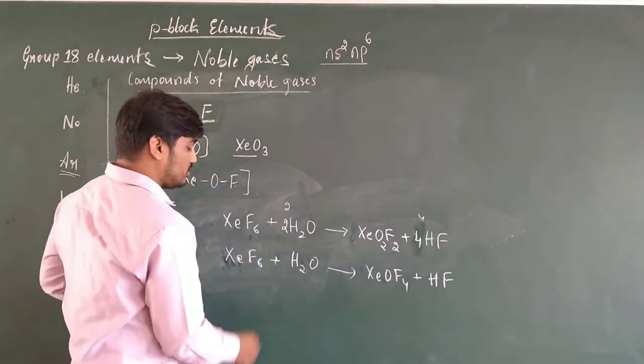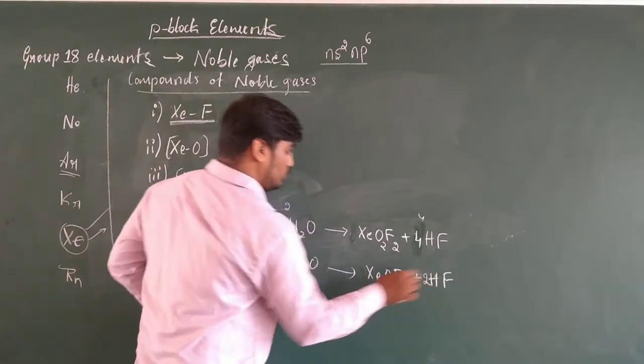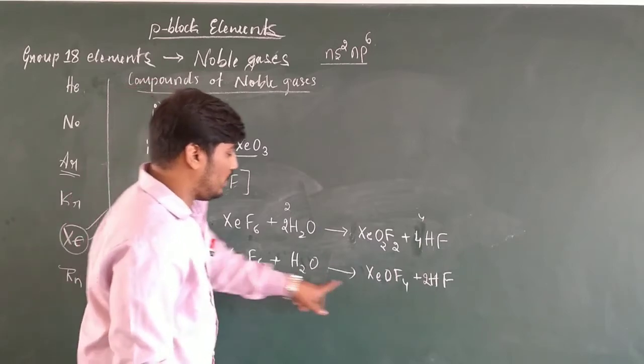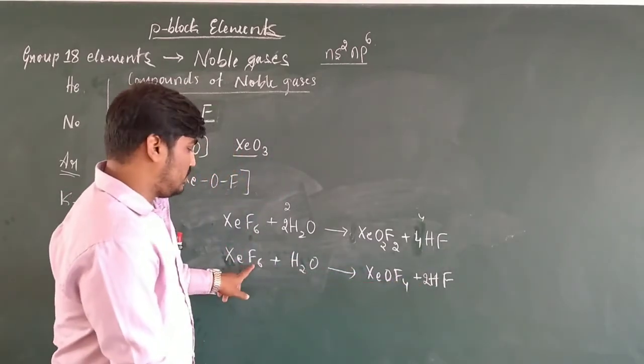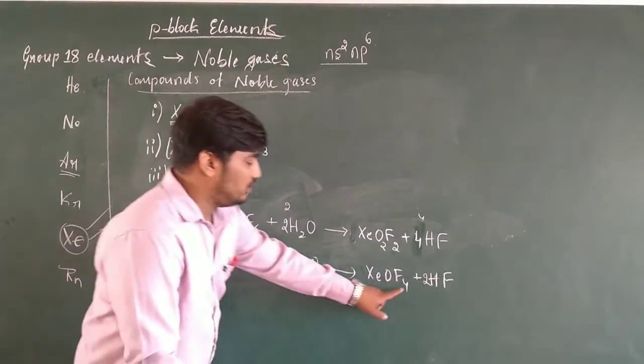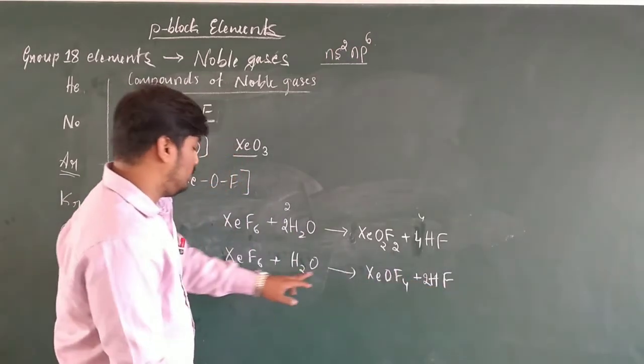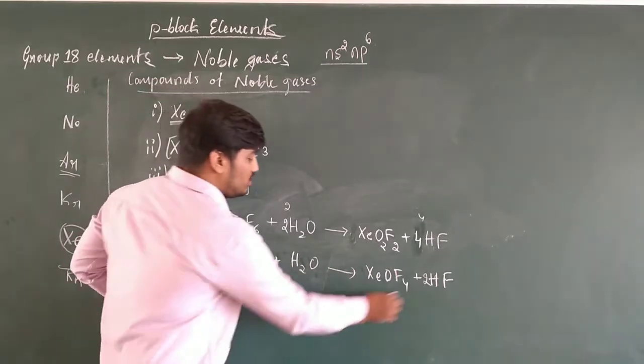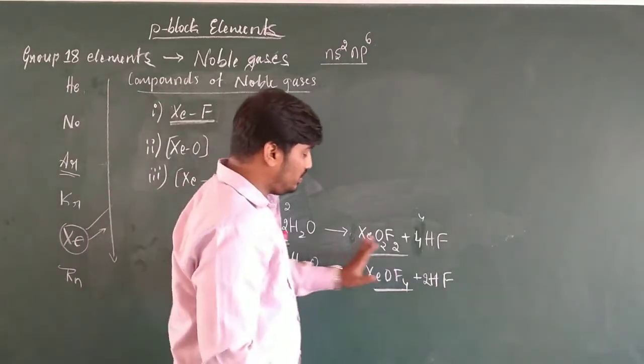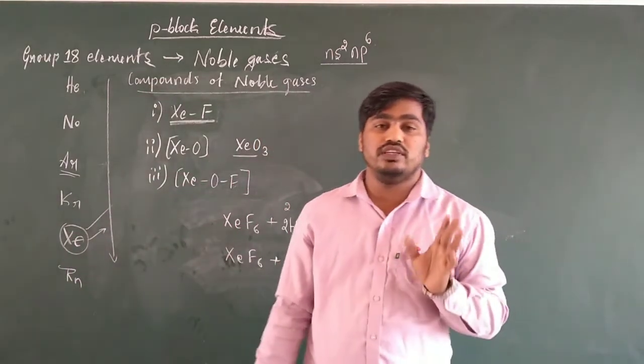Then balance the reaction. Here 1, I multiply 2. I think it's balanced. 2 hydrogen, 6 fluorides. 4 plus 2, yes, 6. 1 xenon, 1 oxygen. So these two are the very important xenon oxyfluorides.